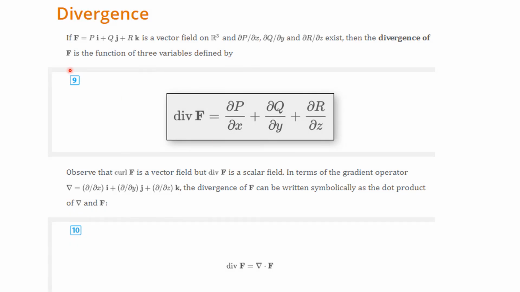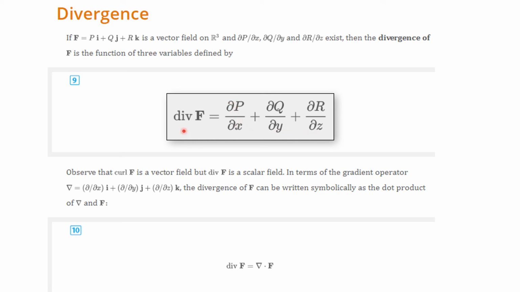Now, last but not least, we're going to speak of divergence. So if capital F is a vector field on R3, and these partials all exist, then the divergence is defined as a function of three variables, and the divergence of F is equal to the sum of these three partials.